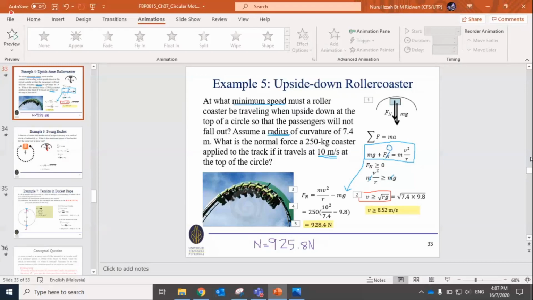The bigger the radius, the lower the centripetal acceleration, and when the acceleration is lower, the force is also lower. So the radius also depends on whether the corner is sharp or not.